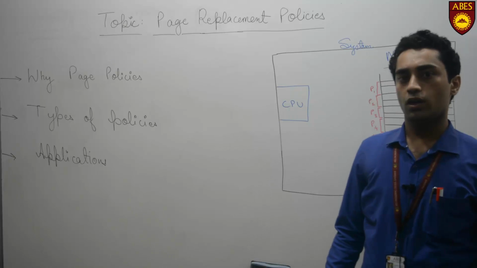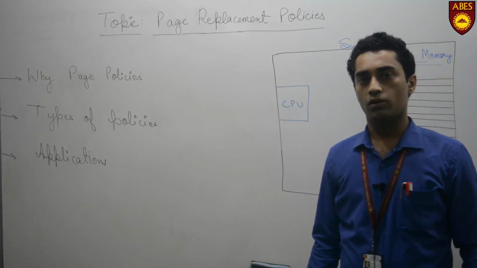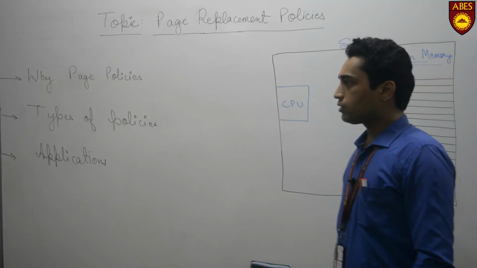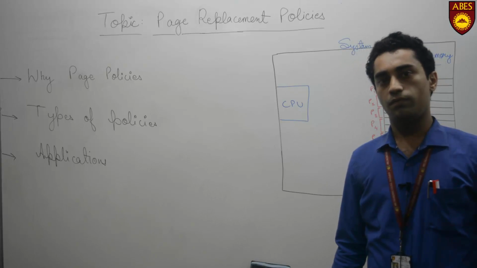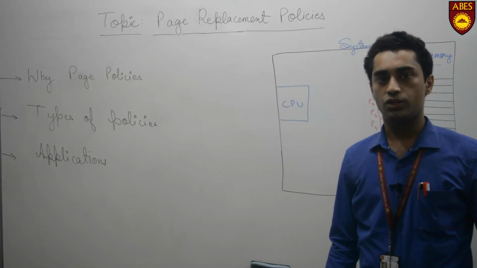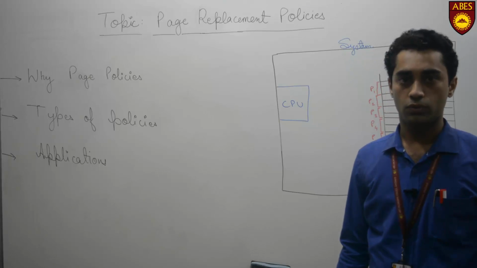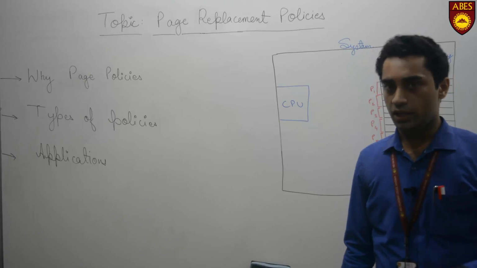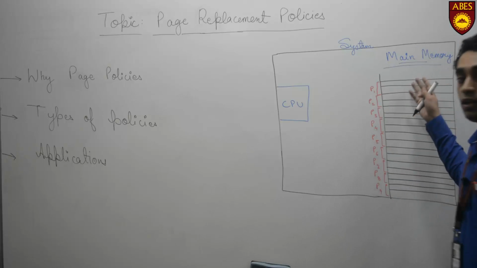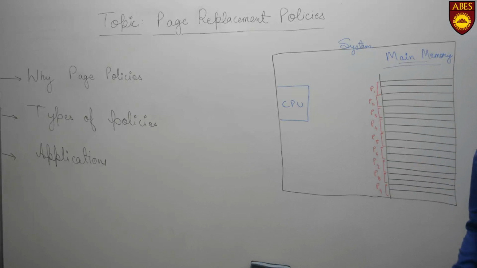As the systems are growing up, they are focused on a higher degree of multi-programming. As end users, we also want to use multiple applications on our laptops and mobile phones. But there are some limitations, like we have a limited amount of main memory, the RAM.